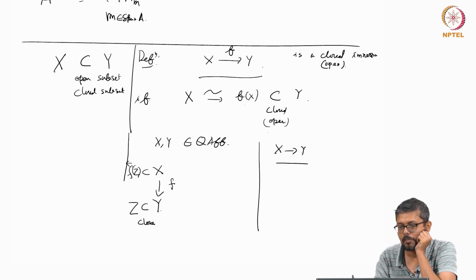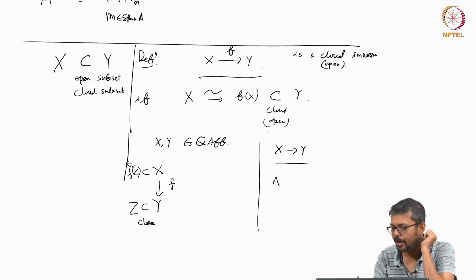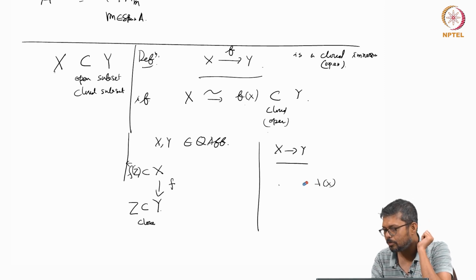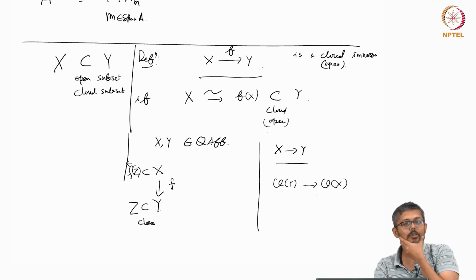Always you have a map from A(Y) to A(X). If A(X) is an integral extension of A(Y), so X to Y always gives a map from O_Y to O_X, as we saw, then you call it finite.